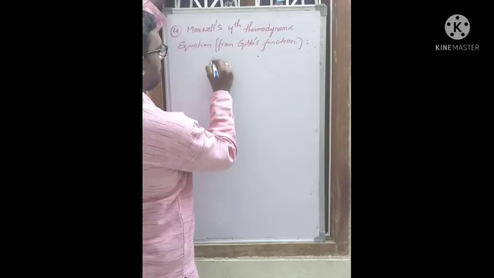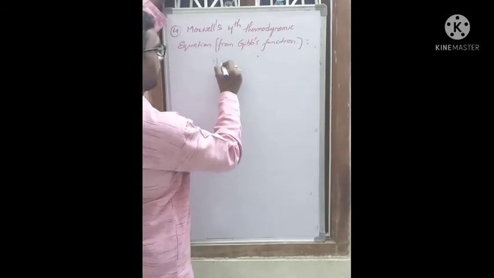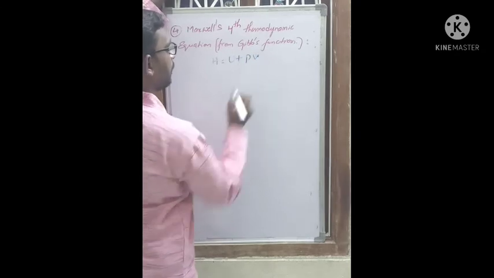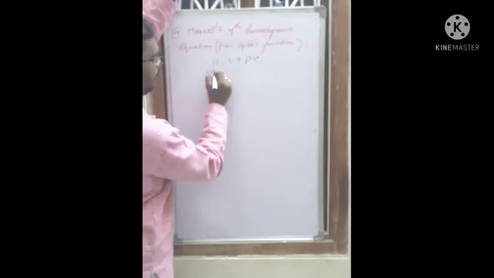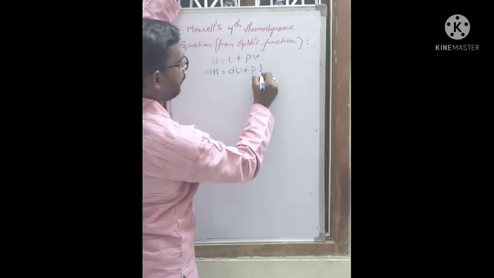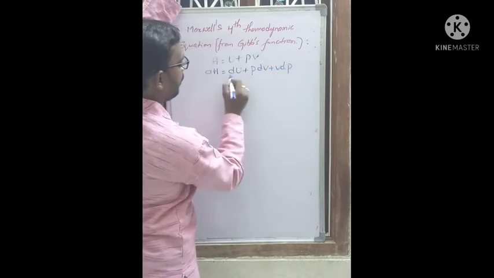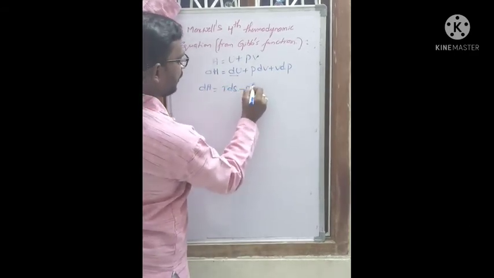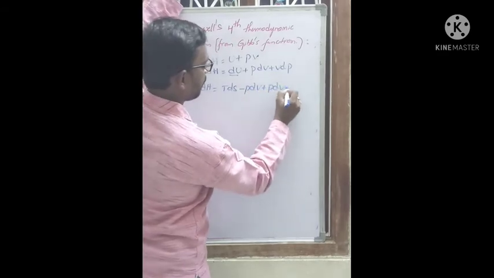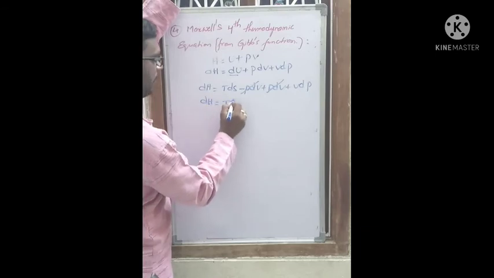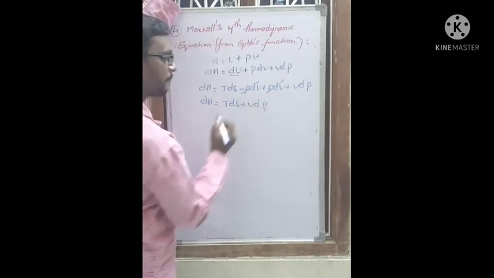For this, let us take enthalpy H equal to U plus PV and differentiate on both sides. We get dH equal to dU plus PdV plus VdP, where dU can be written as TdS minus PdV. The PdV terms cancel, and dH is equal to TdS plus VdP.